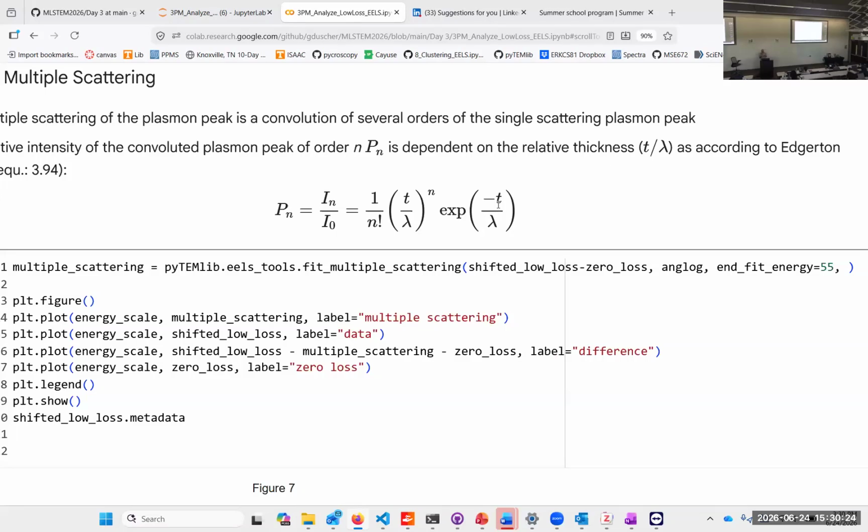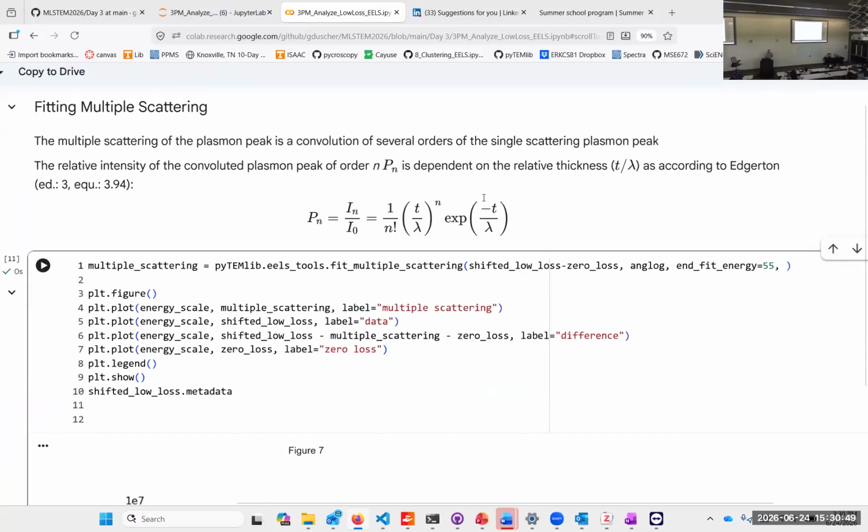So the intensity of the nth plasmon with respect to the first plasmon, for the zero as a first order plasmon, is a function of this order. It is related to T over lambda, and this lambda is the relative thickness.